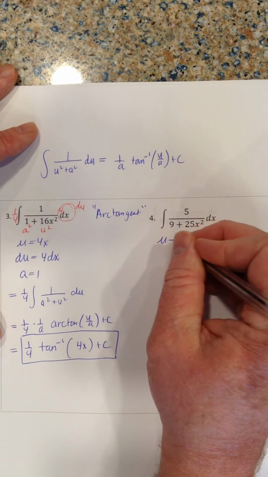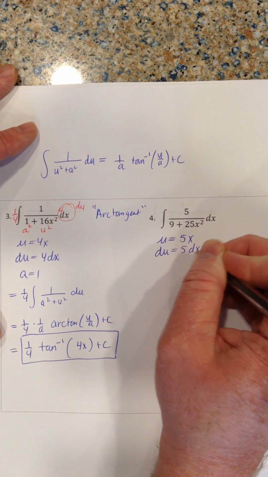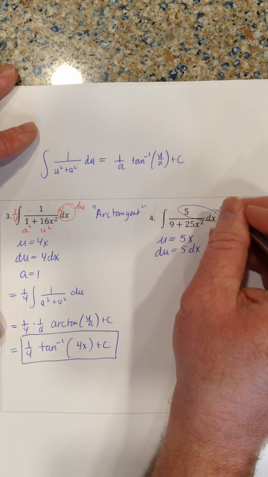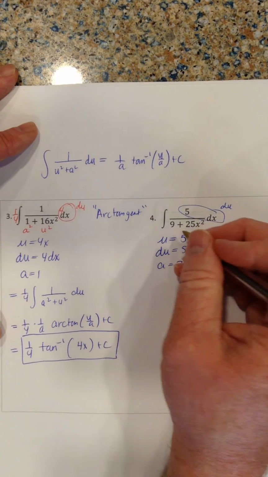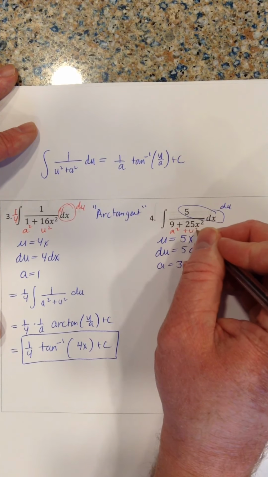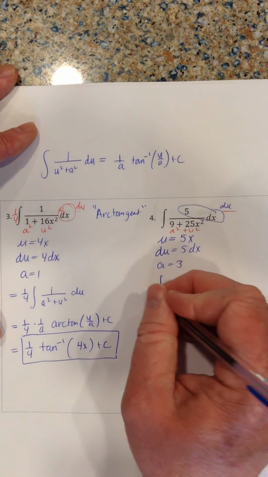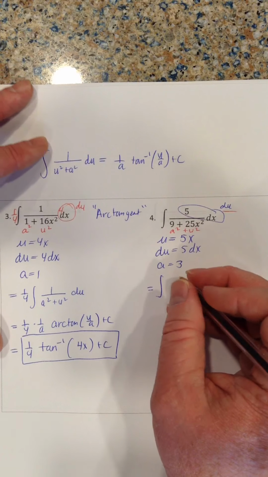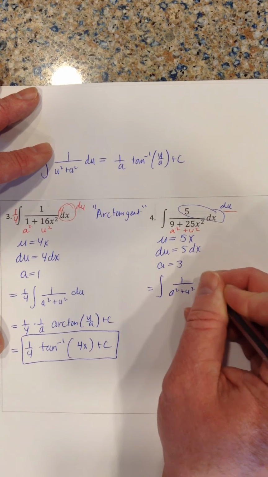So u equals 5x, so du is 5 dx. Oh cool, I already have a 5 dx. a is 3, and so notice I have a squared plus u squared du. So I get the integral of 1 over a squared plus u squared du.